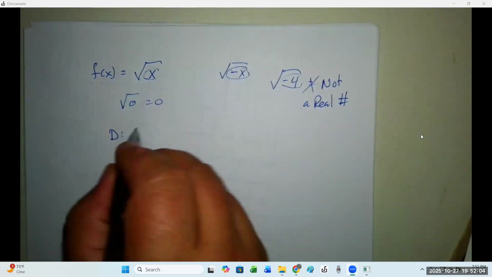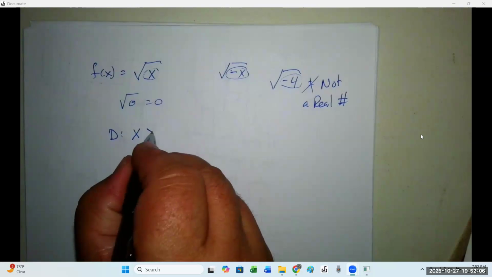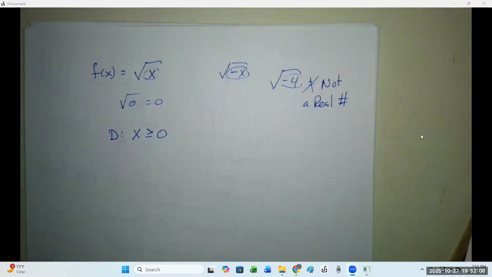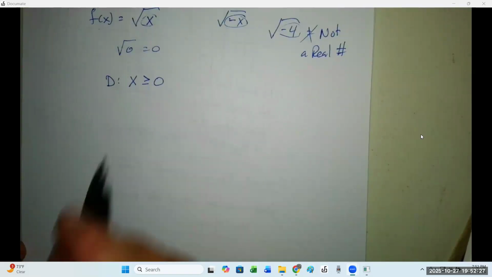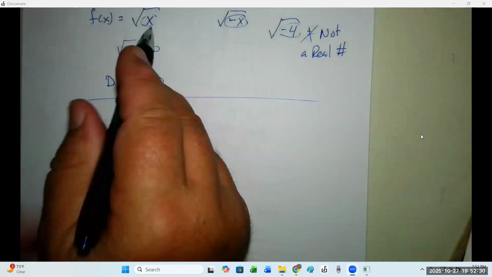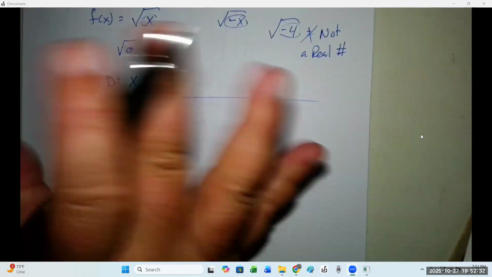So the domain is x greater than or equal to 0. And we'll look at all those later on, because we have a couple of charts we have to look at for knowing what these graphs look like. So don't worry about these just yet.